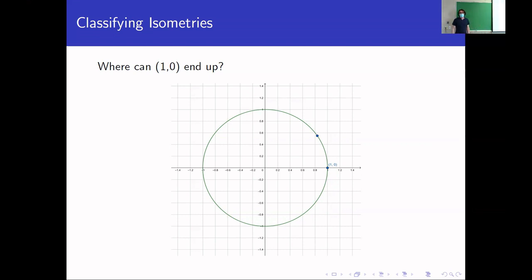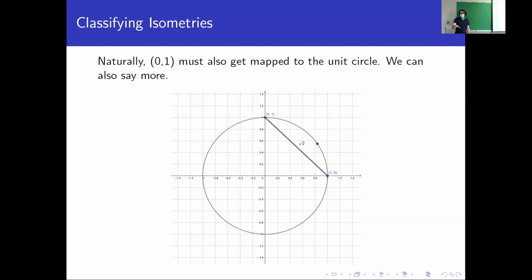Now you might say, we can say the exact same thing about (0, 1). It has to end up somewhere on that circle too. That's true, (0, 1) does have to end up on that circle as well, but we can say a little bit more. Distances have to be preserved. So the distance between (1, 0) and (0, 1) has to be the same as the distance between the images. So (0, 1) ends up somewhere on the circle.